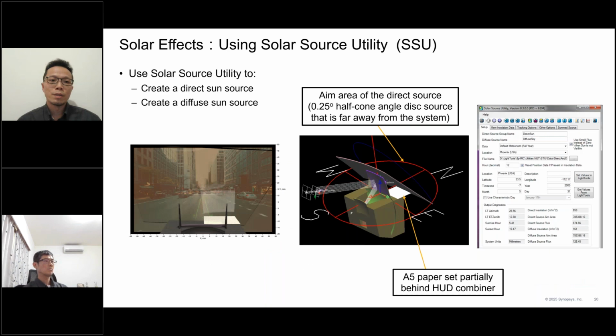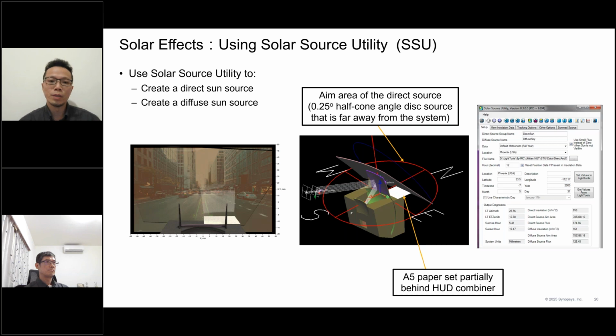And the next one is solar effect. We can use the other tool we call the solar source utility. Using this tool, we can not only create a direct sun source, but also a diffuse sun source. So you can choose a location, and we create that location's direct sun and diffuse sun source.